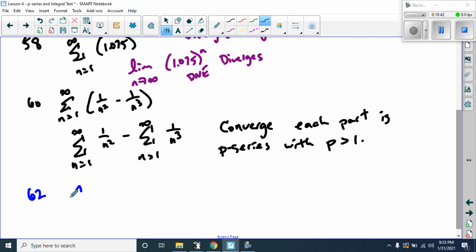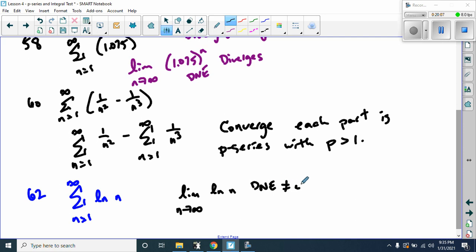62 says the sum as n goes from 1 to infinity of ln of n. The easiest way to do this would be to show the limit as n goes to infinity of ln of n does not exist.